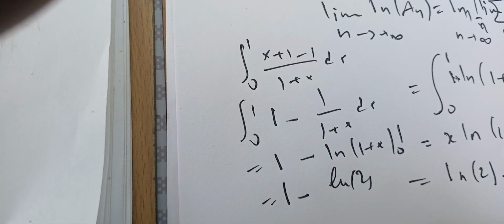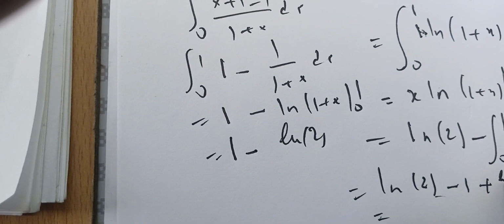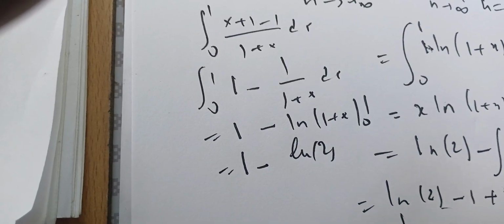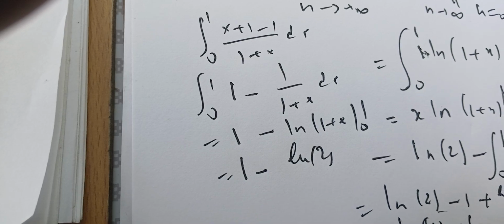Therefore, I have 1 minus the natural log of 2. So when I evaluate, I get the natural log of 2 minus 1 plus the natural log of 2. That gives 2 ln 2, which means the natural log of 4, minus 1.